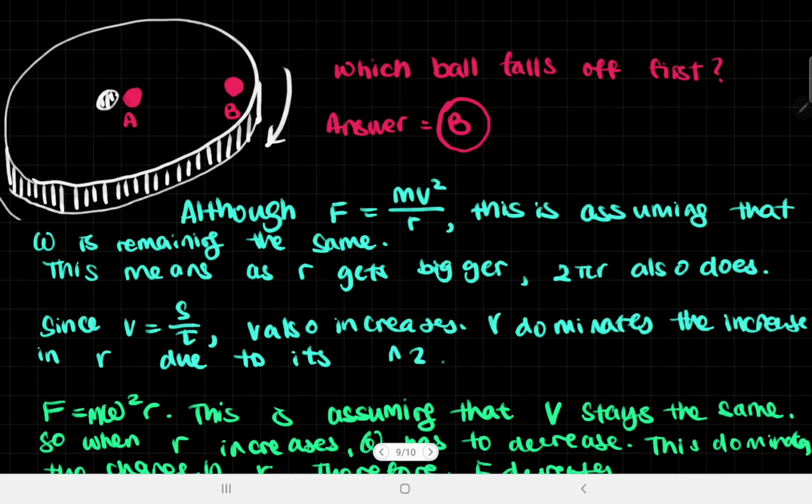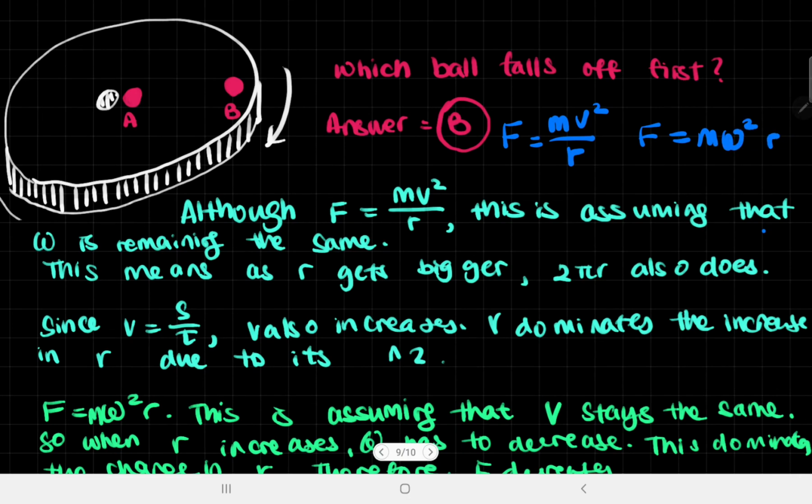And this is the sort of confusion that happens, well, it definitely happened to me, with the two equations. When we talk about centripetal force equations, we have two of them, right? We have F is mv squared divided by r, and then we have F is m omega squared times r.